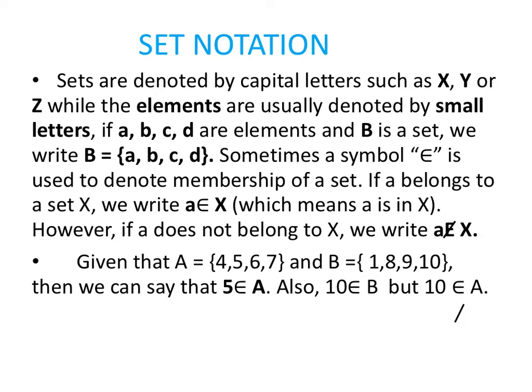Take for example, if a, b, c, d, all in small letters, are elements, and capital letter B is a set, we'll represent this information as B equal to, you place your curly brackets and inside you write a, b, c, d. So B is the set, while a, b, c, d are the elements.